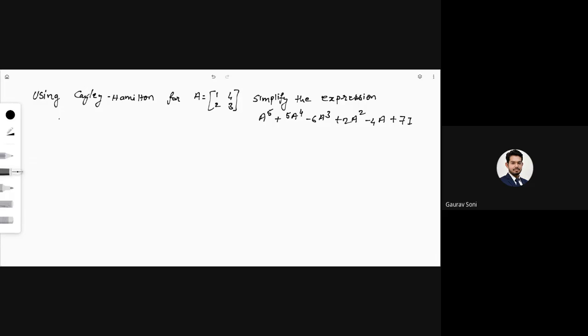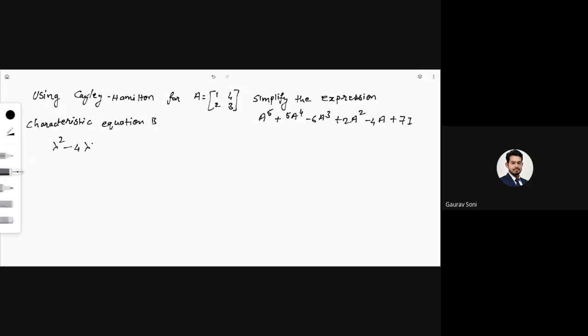Okay, so let's just find out the characteristic equation. The characteristic equation is lambda squared minus the trace of this, which is 4, times lambda, and the last one will be plus the determinant of it.